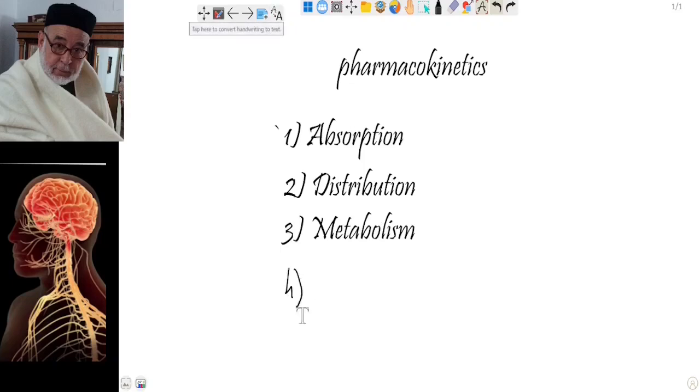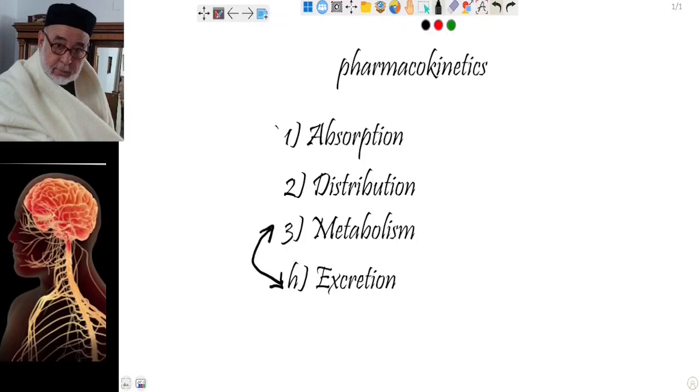And lastly, excretion, mainly through the kidney, renal excretion. We have said that both metabolism and excretion are known as elimination. That means the faster the metabolism or excretion, the faster the elimination of the drug out of the body.